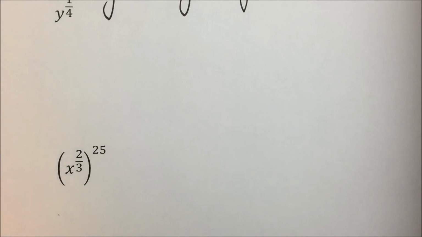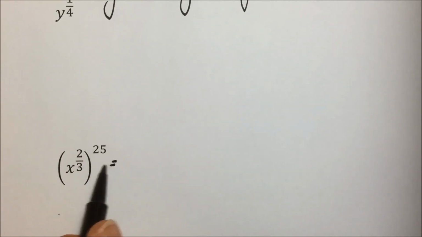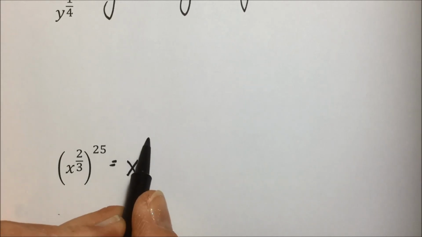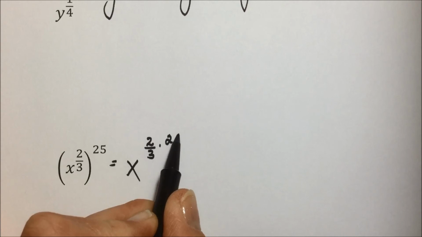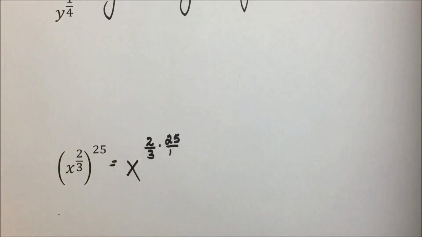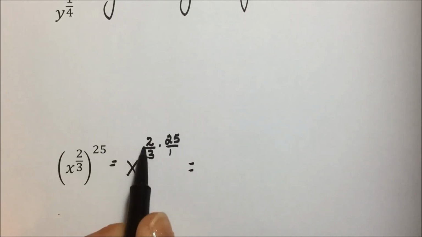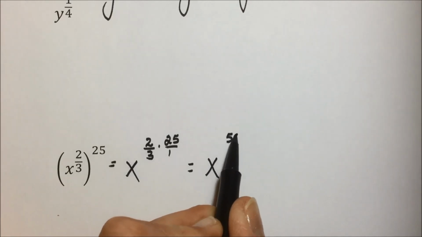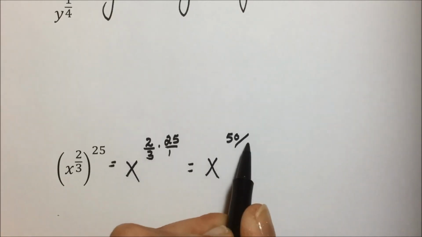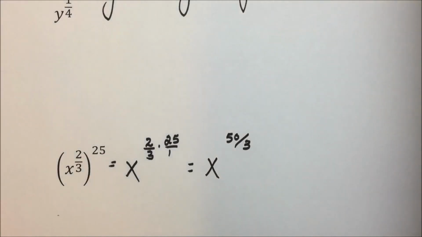In the next problem, we have a power raised to a power, which means we will multiply those exponents. So we have 2/3 times 25, which has a denominator of 1, and it leaves us with 2 times 25, which means x will be to the 50th power over 3 times 1, or 3.